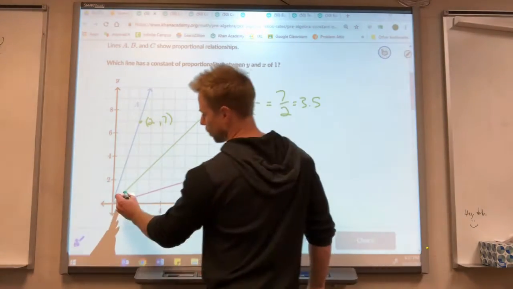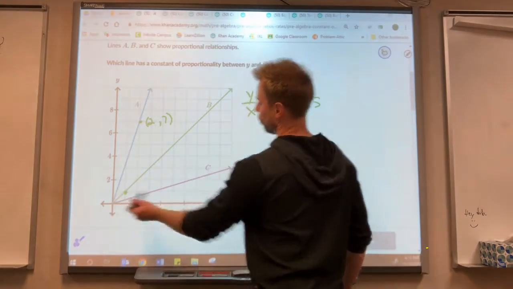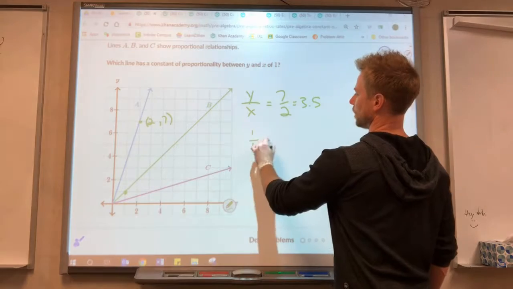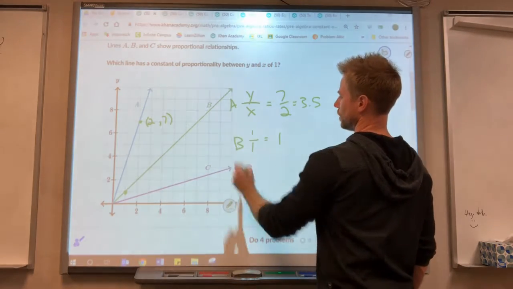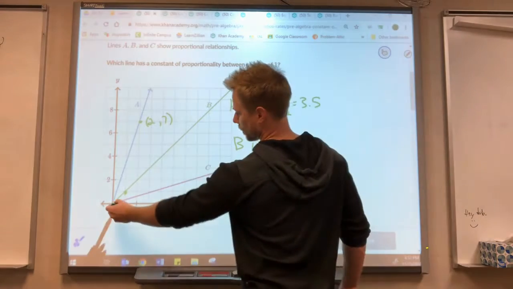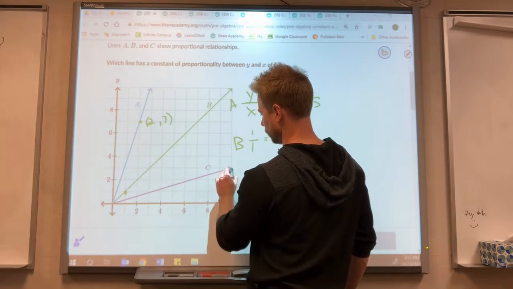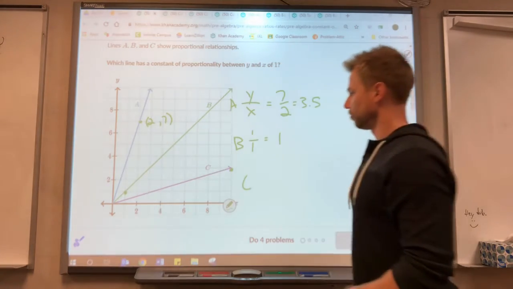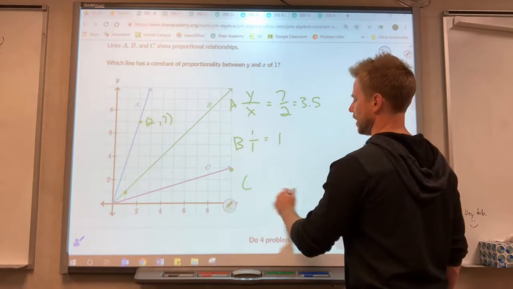If we go to B here, that is up 1 over 1. So that'd be 1 divided by 1, which is just 1. This was A, this is B, and C. Point on the line, looks like we have to go all the way over here before we have one. That would be up 2 over 10.